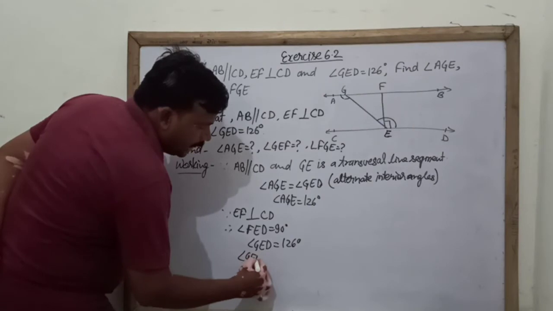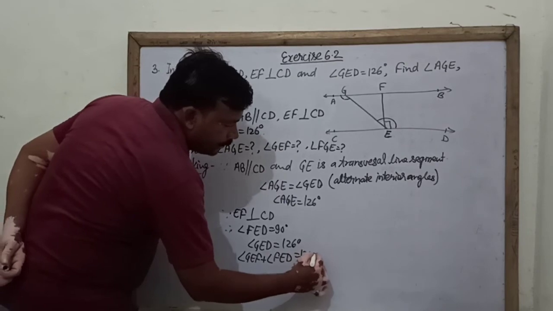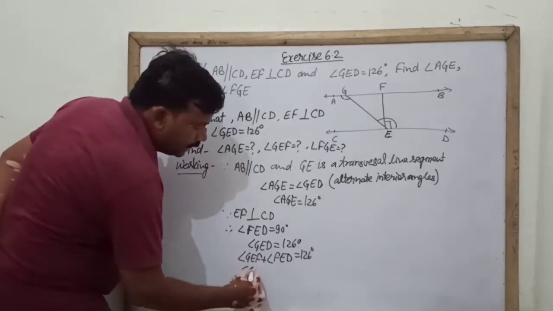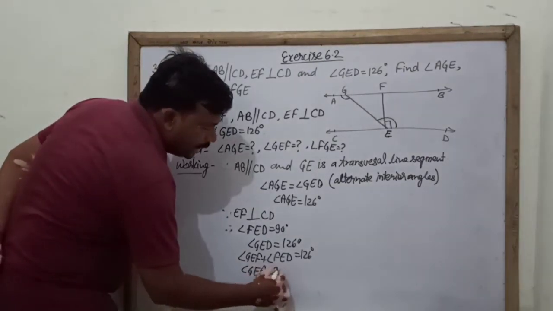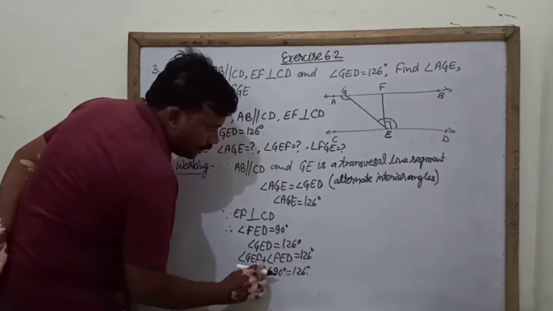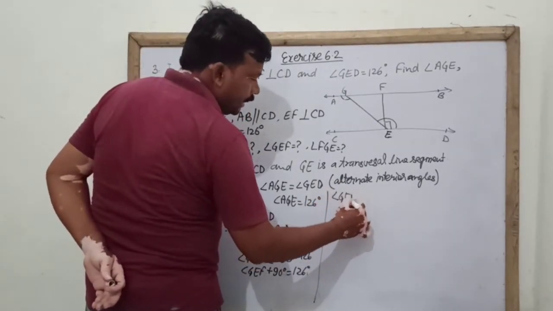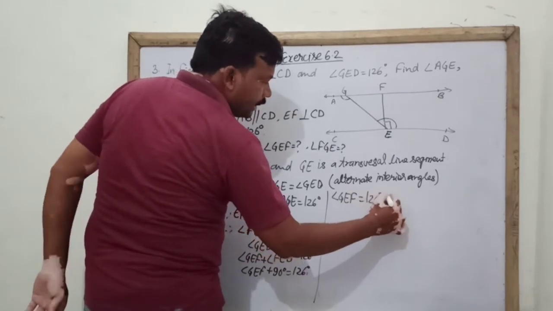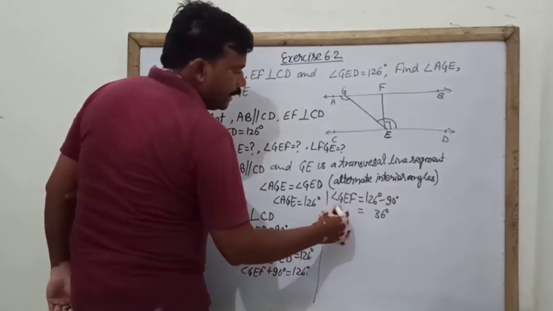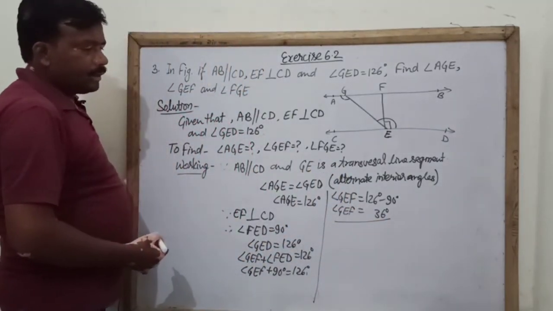So angle GEF plus 90 degrees equals 126 degrees. Angle GEF equals 126 degrees minus 90 degrees, which is 36 degrees. Second answer: angle GEF equals 36 degrees.